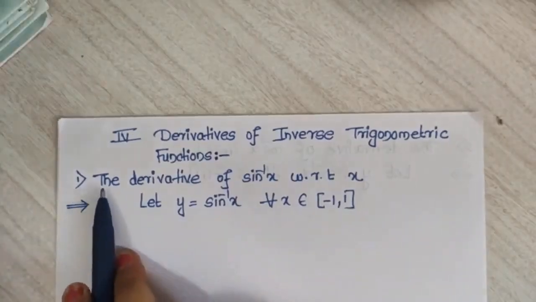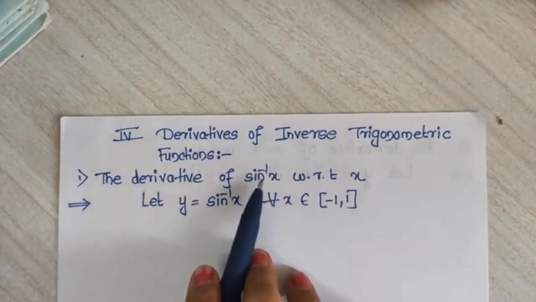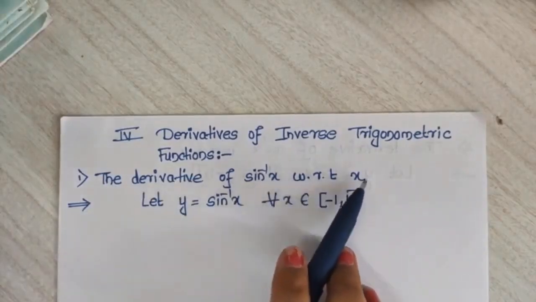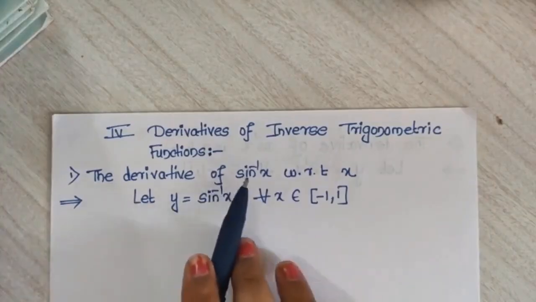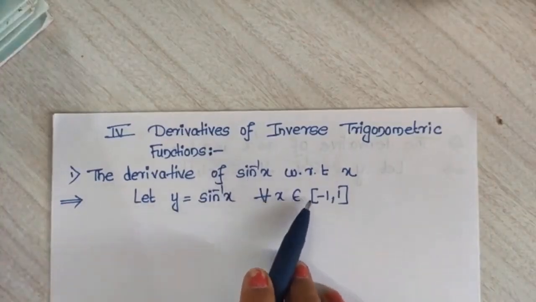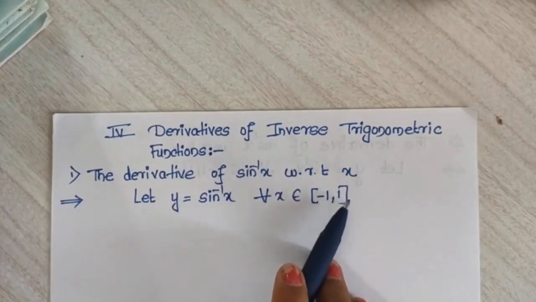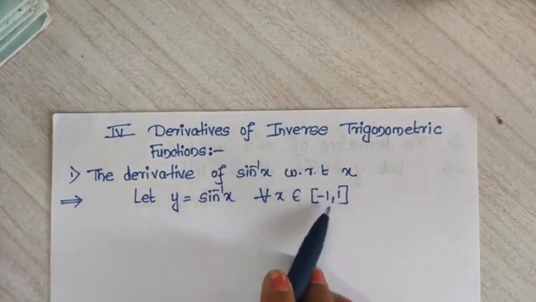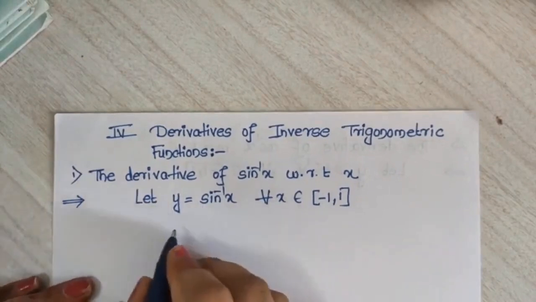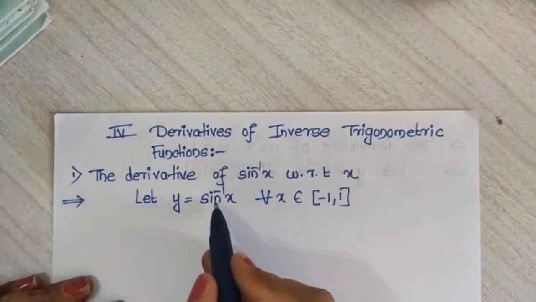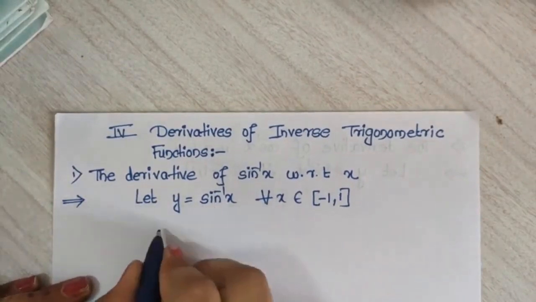Let us begin with the first one, the derivative of sine inverse x with respect to x. Let y is equal to sine inverse x for all x belongs to closed interval minus 1 comma 1. So the domain of sine inverse x is closed interval minus 1 comma 1. Now I take this sine inverse to the left hand side, it becomes sine.